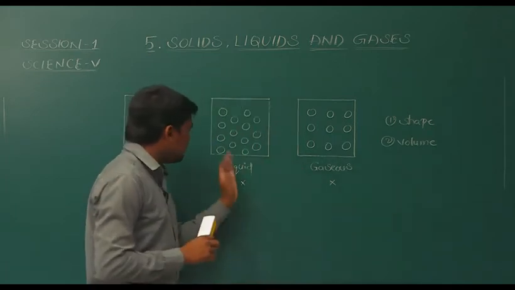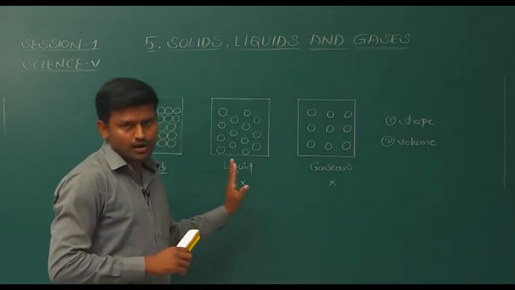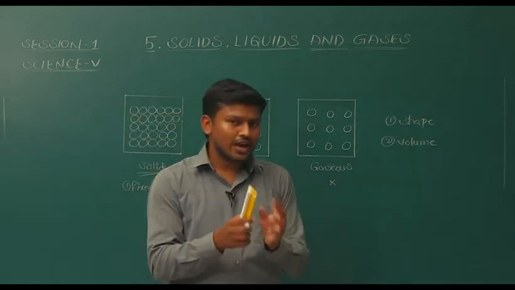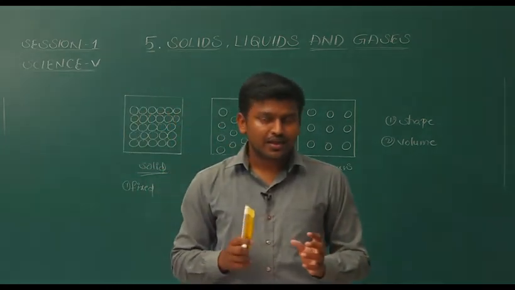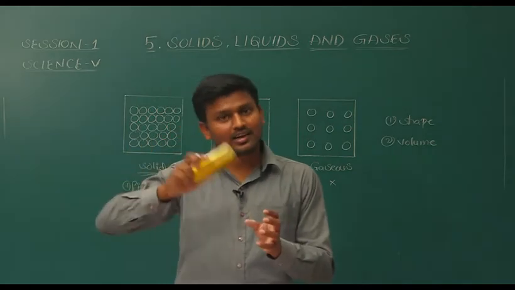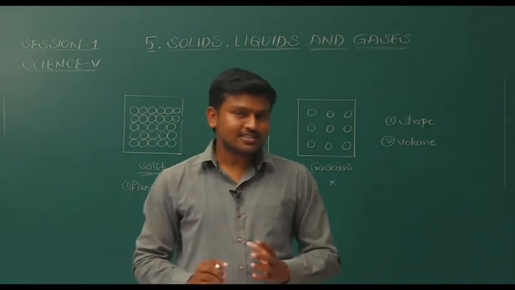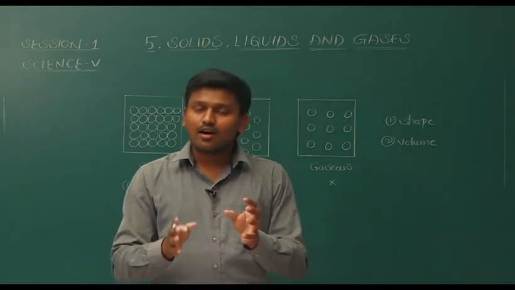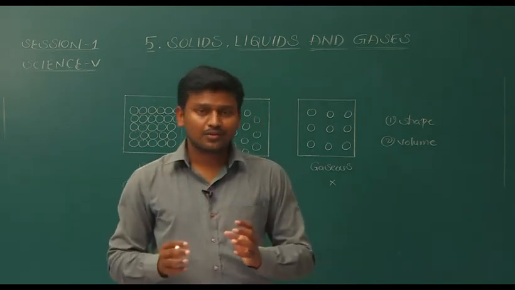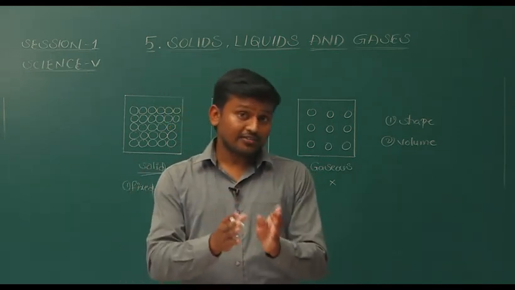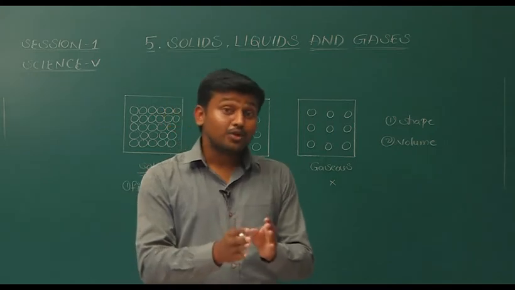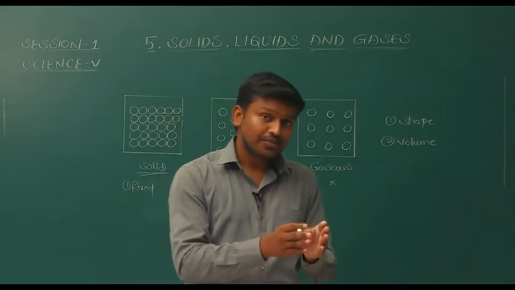At the same time, liquids also have fixed volume. If you take 50 ml of water in a glass, and if you take that 50 ml in another glass, you can notice that the water level in both glasses will be equal. If the water levels are equal, then the volume of the liquid is also the same.